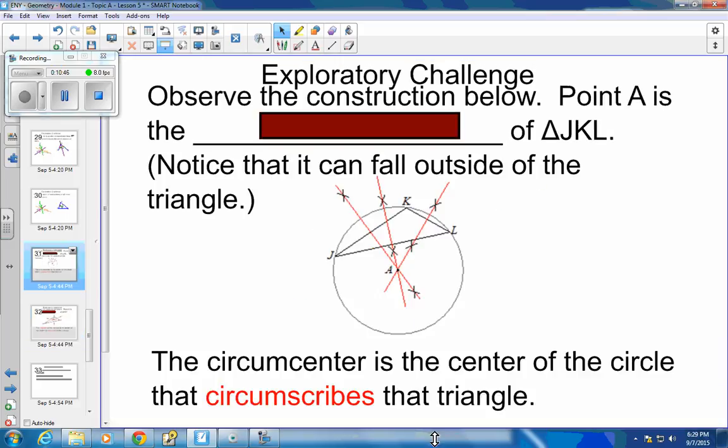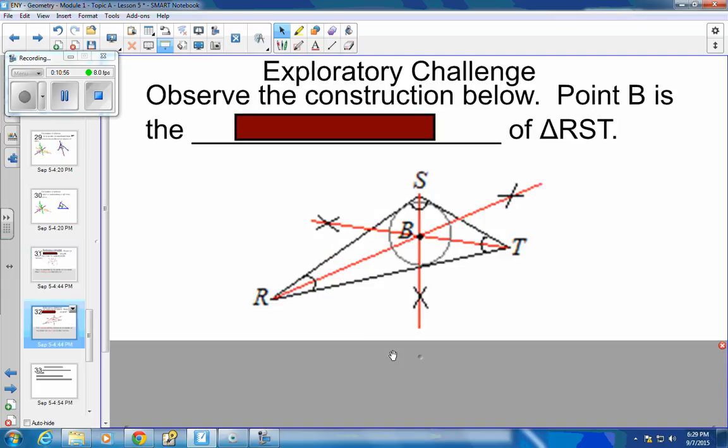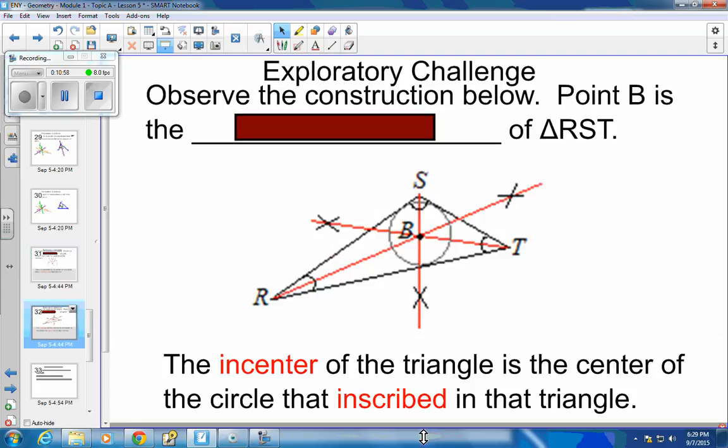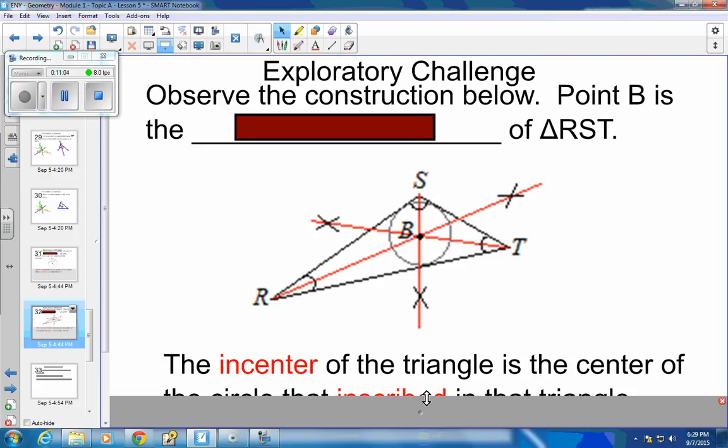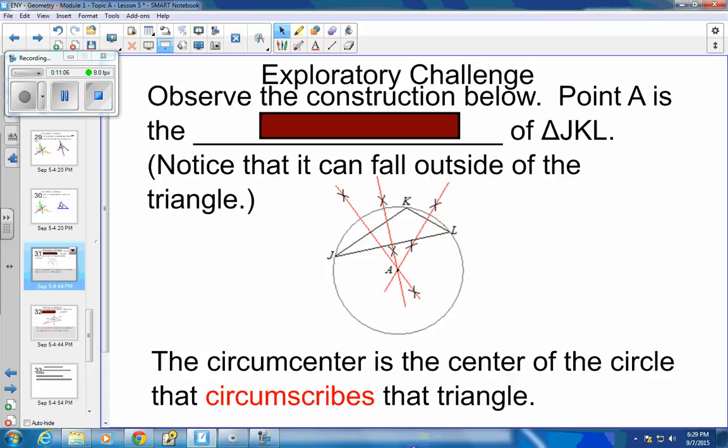Likewise, this is the circumcenter, in the center of the circle, and it circumscribes that triangle. The circle circumscribes the triangle, is on the outside. The circle is inscribed inside the triangle. So incenter, inscribed, circumcenter, circumscribed.